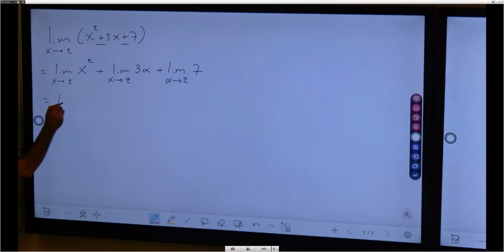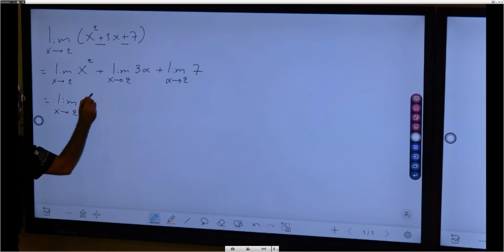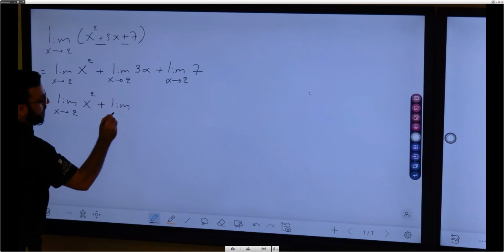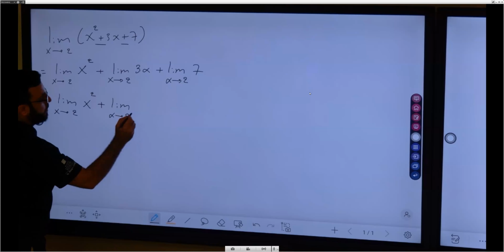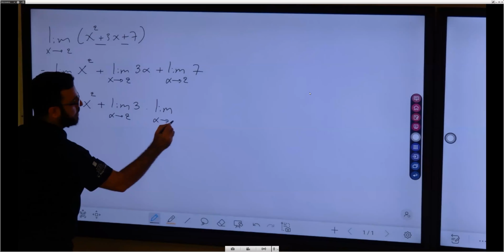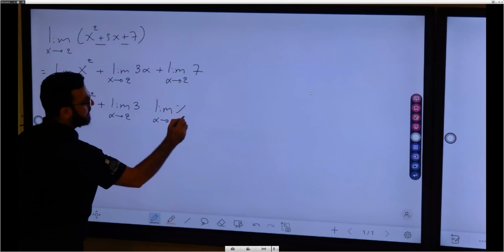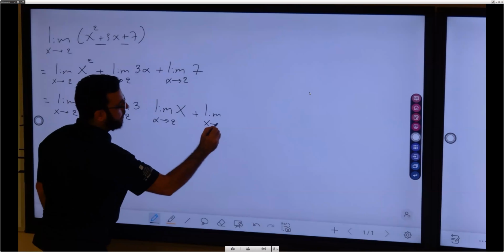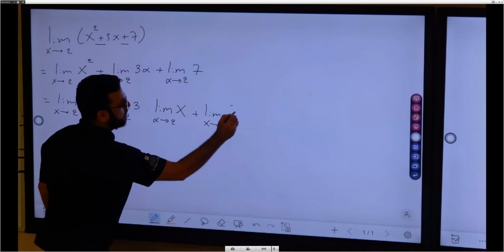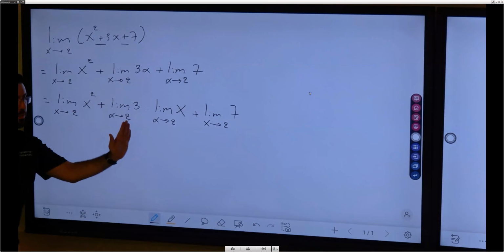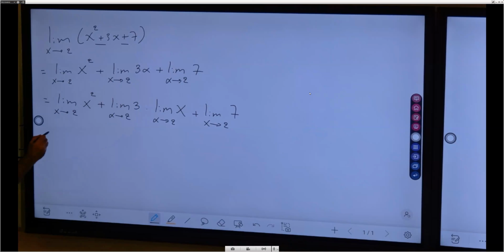So it's going to be the limit for x approach to the 2 to the x squared plus the limit for x approach to the 2 to the 3 times the limit when x approach to the 2 to the x plus the limit x approach to the 2 to the 7. Because these are multiplications, so it'll give you limit the first one, limit the second one.